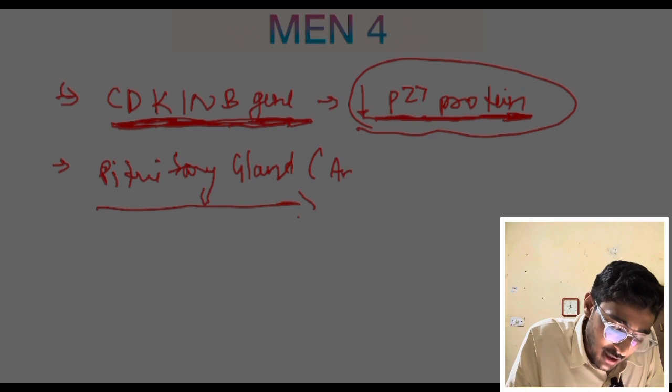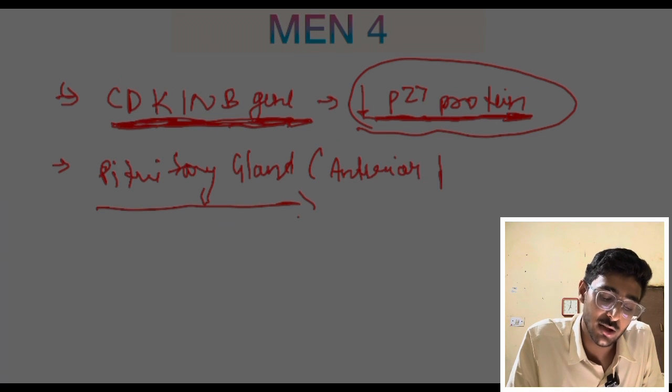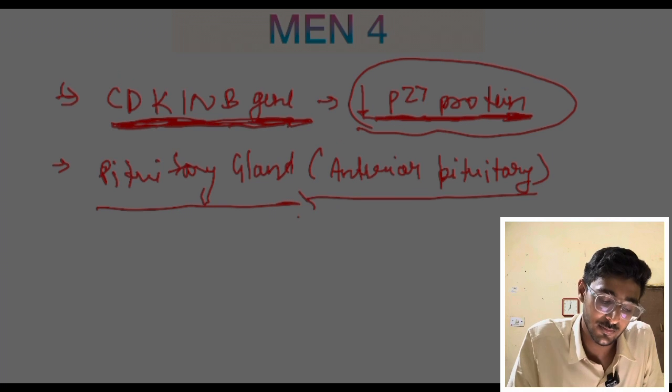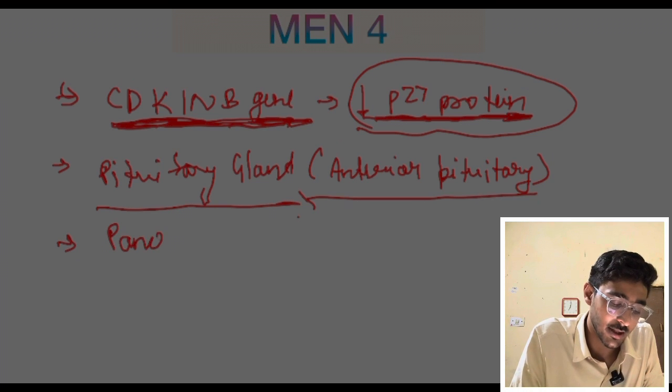The part of the pituitary gland which is involved is the anterior pituitary in both endocrine neoplasias, MEN 1 and MEN 4. All right, and yes, the other was pancreas again.